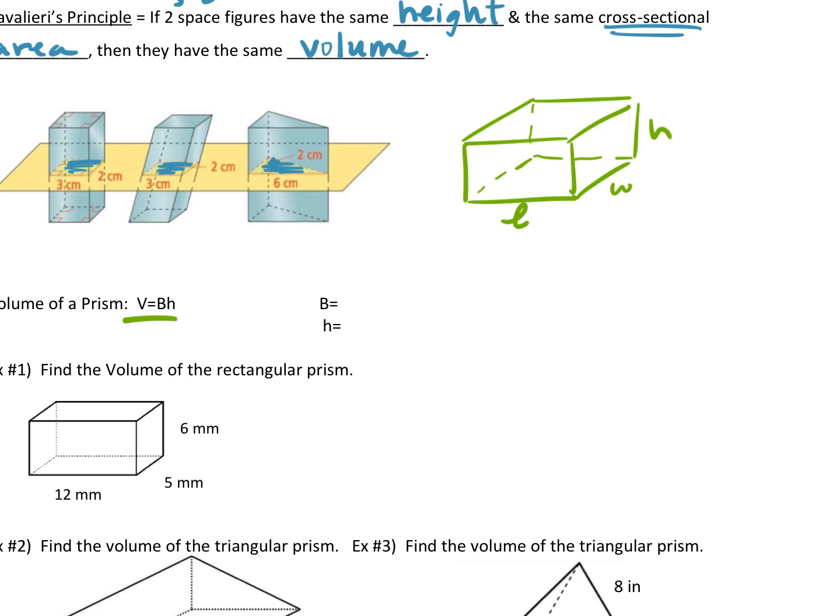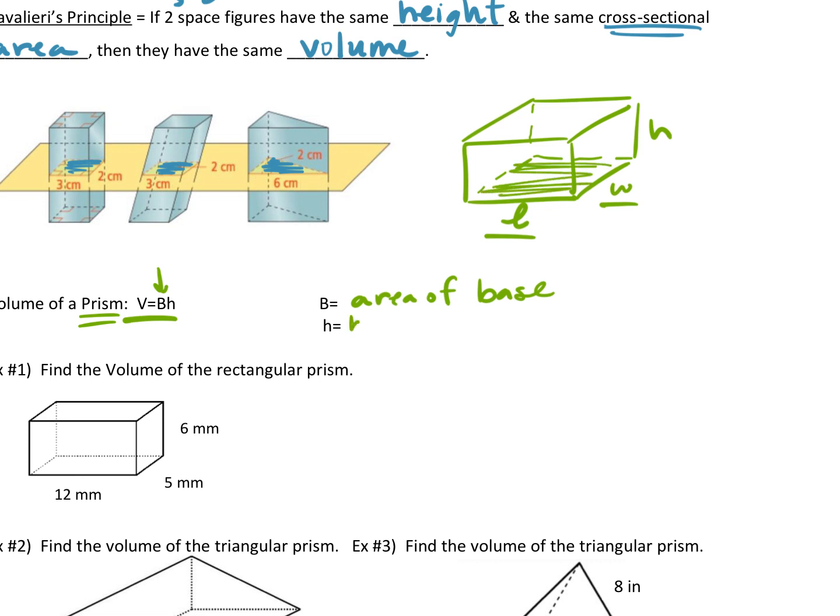When dealing with any prism, that doesn't work because sometimes your prism has a different shaped base, right? So the general rule of thumb here is you take the area of the base, right? So B is always area of the base, which is why length times width works here because that's the area of a rectangle.